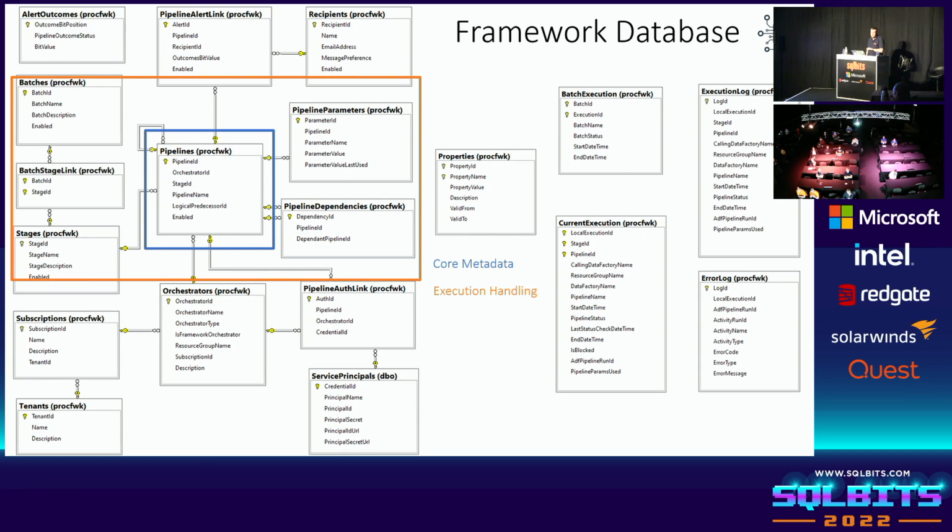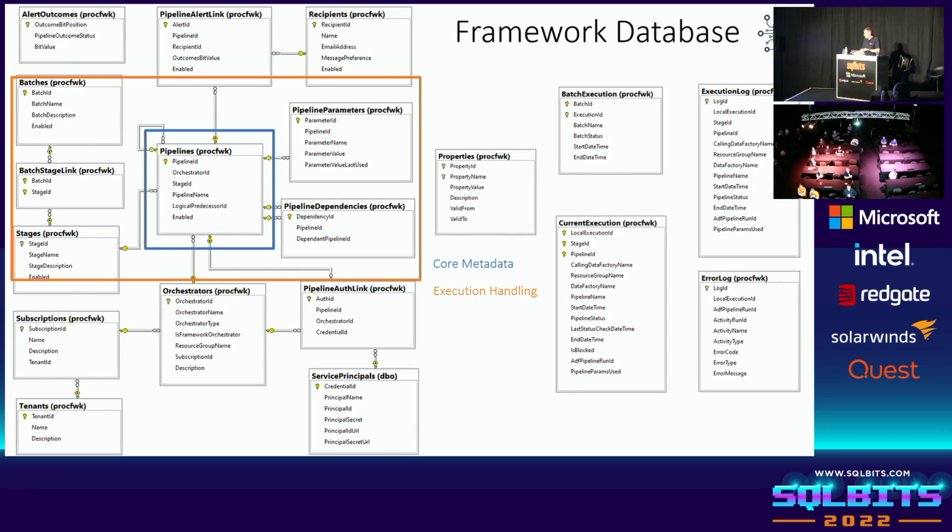Around that pipelines table, we have a stages table, just like the slides when I was addressing the solution. The stages dealing with those vertical processing boundaries. So the stages of execution and then a join between them to the pipelines table. So what pipelines are going to run in what stage.